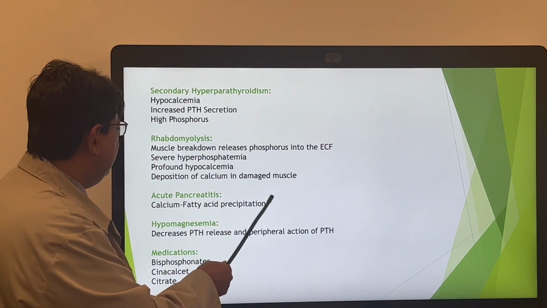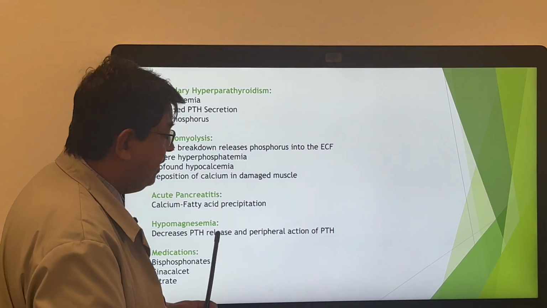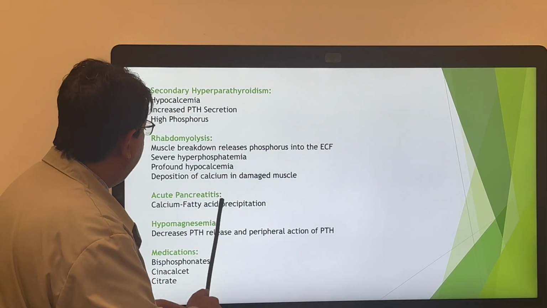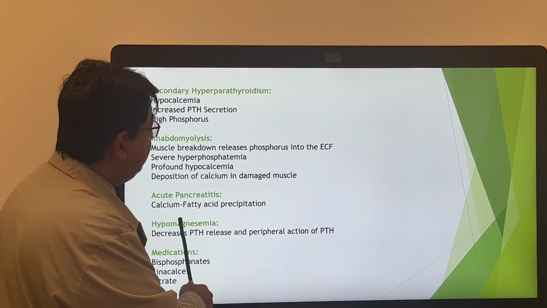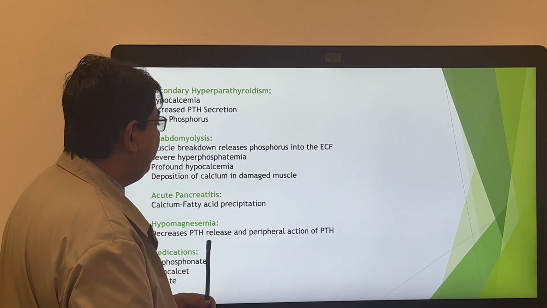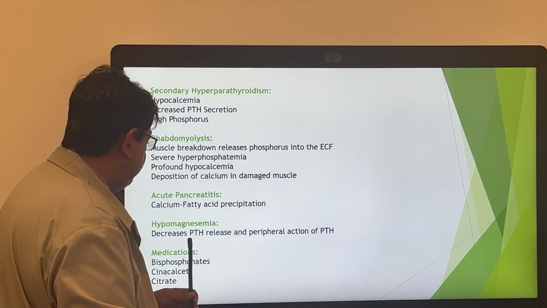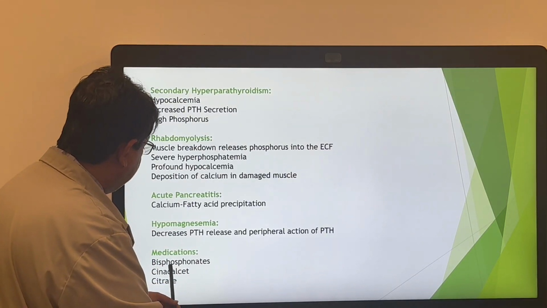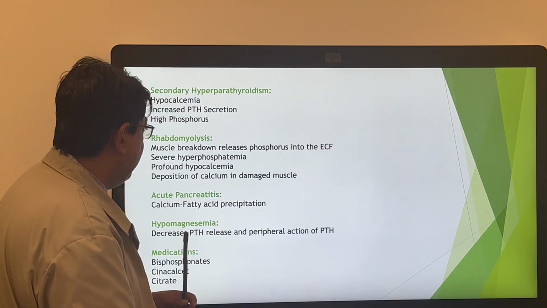In acute pancreatitis, calcium fatty acid precipitation is the cause of hypocalcemia. Hypomagnesemia does decrease PTH release as well as decrease peripheral action of PTH. And medication-wise, you should think about bisphosphonates, cinacalcet, and citrate, which are common causes of hypocalcemia.